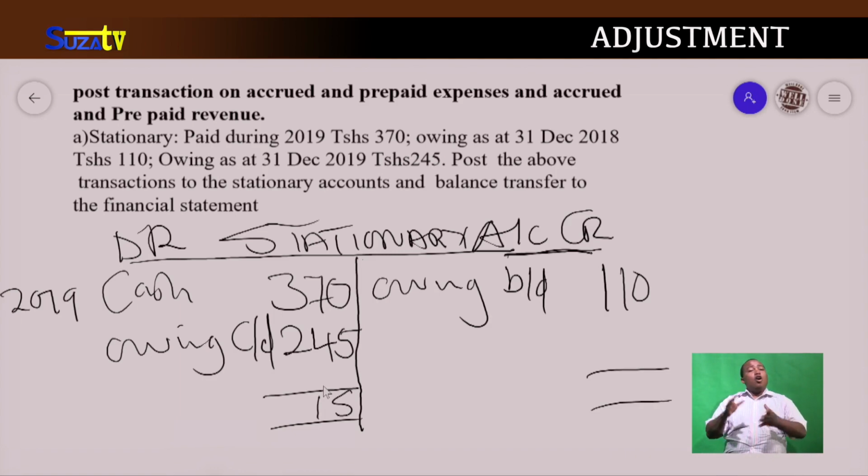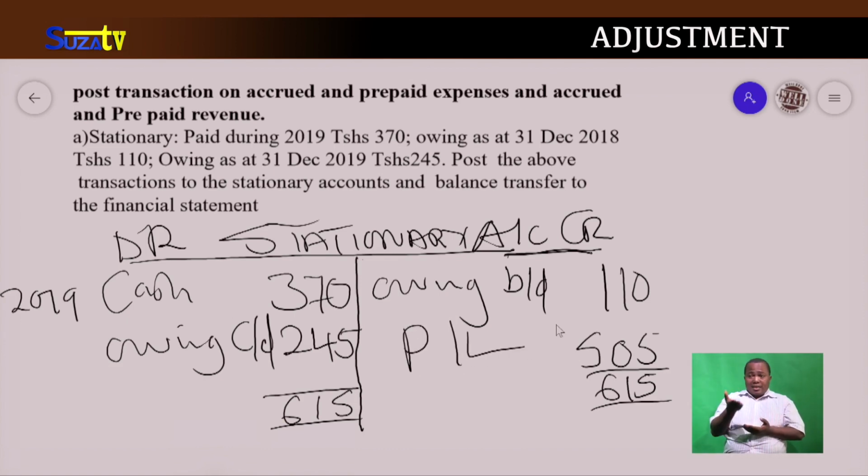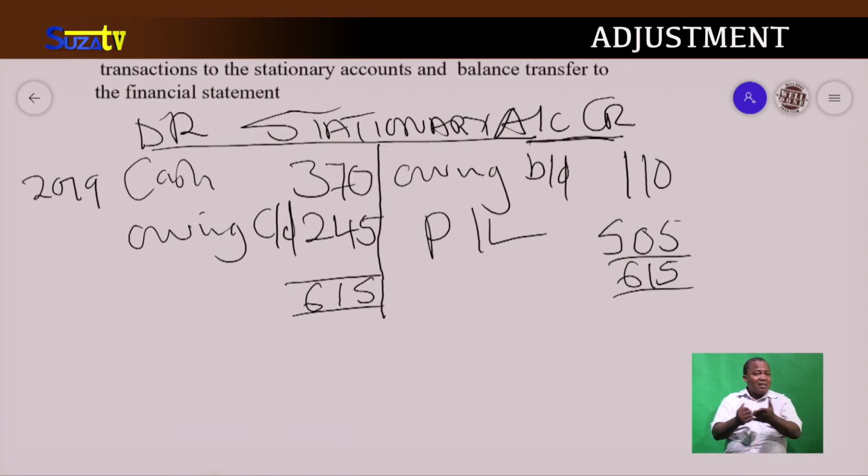You got 5, you got 11, 1, carry 1, 4, 6, 615 minus 110. You got 5, you got 0, you got 5. This amount, you say that P and L.